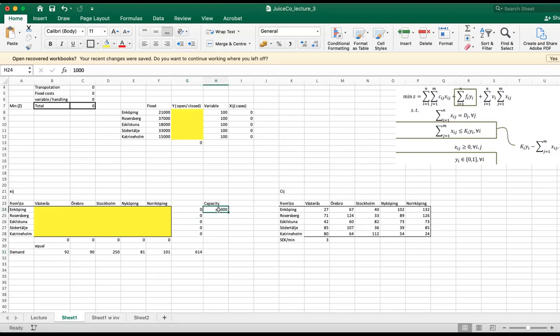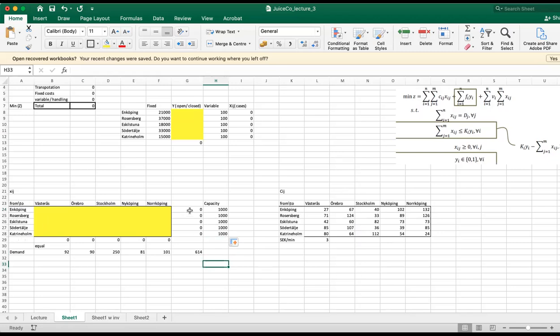In your other example, they are using 700, but here let's use 1000, and then we'll see. So what should we do with this capacity? We set this capacity for all the distribution centers.